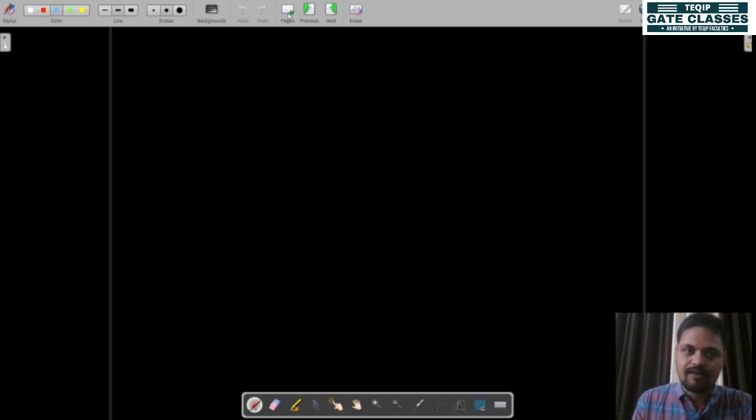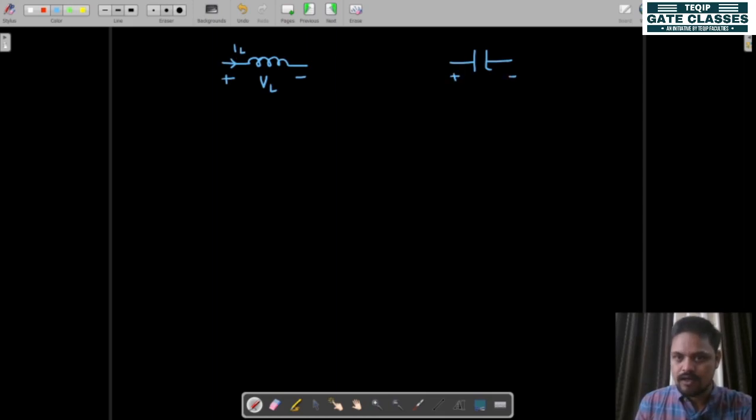If you see where these inductors and capacitors are used, suppose this is an inductor and this is a capacitor. Looking at the basic mathematical expression, this is the voltage across the inductor and the current through the inductor IL, and here the voltage across the capacitor and the current through the capacitor IC.